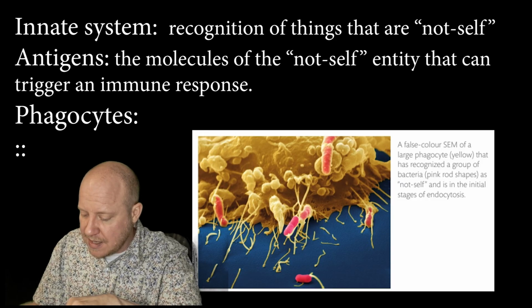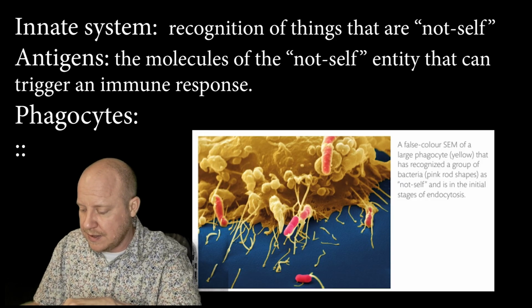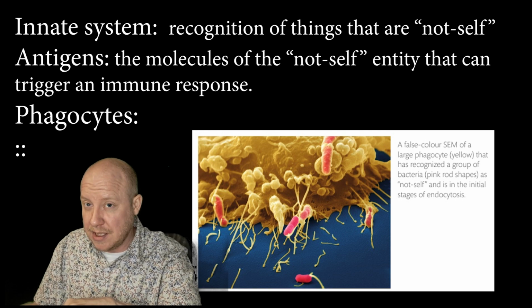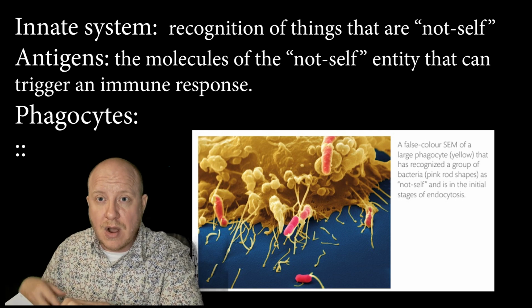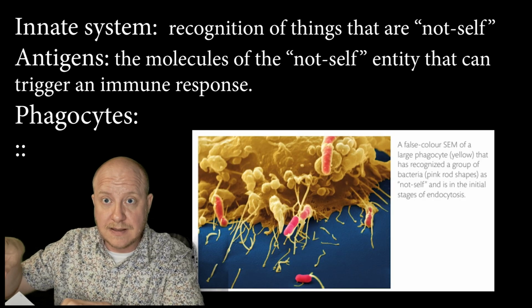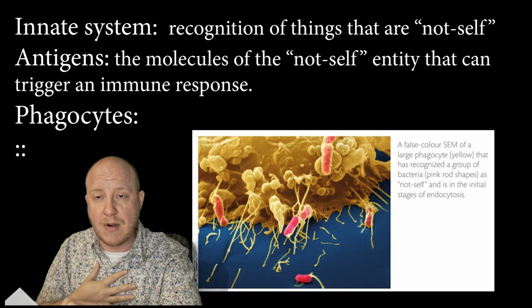The molecules of these foreign or not self entities that can trigger an immune response are called antigens. That's a key term. And you know that antigens are part of the foreign things. Okay, so antigens are not something that you create. They are not part of your body.